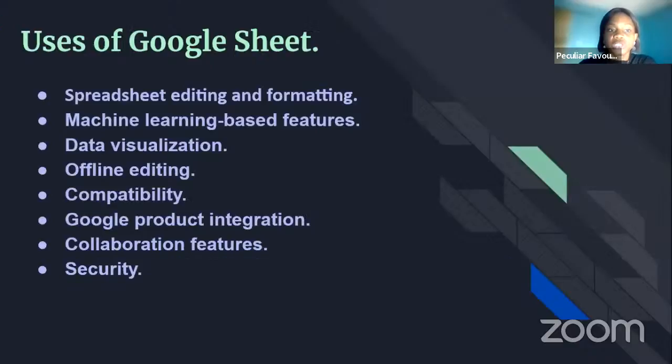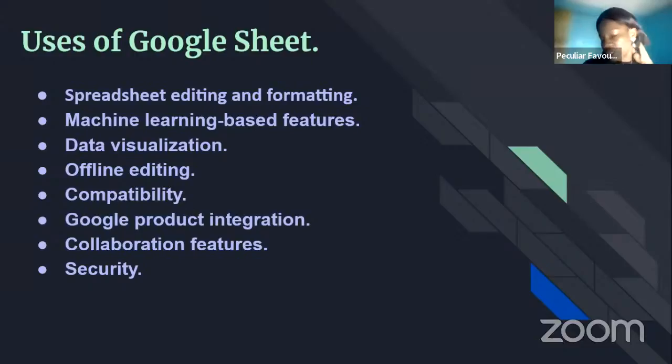Uses of Google Sheets. Google Sheets is used as a spreadsheet for editing and formatting, machine learning based features, data visualization, offline editing, compatibility, Google product integration, collaboration features, and security.